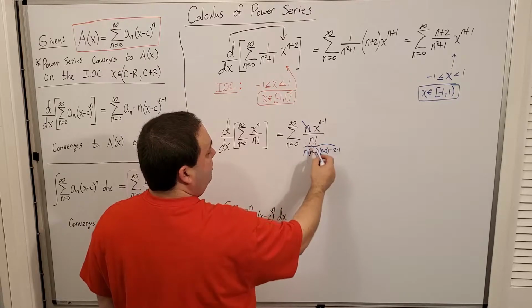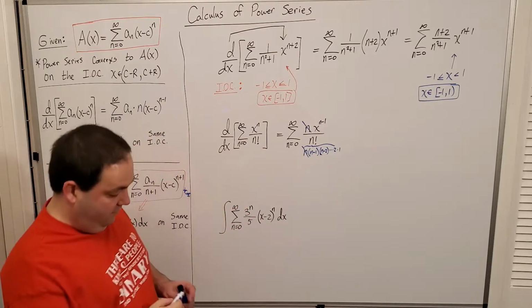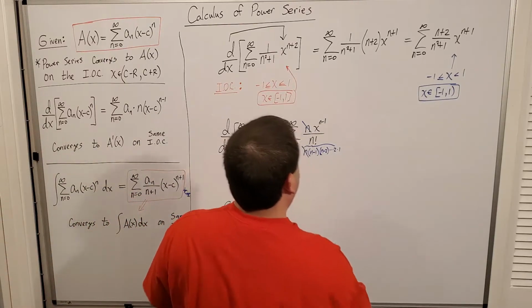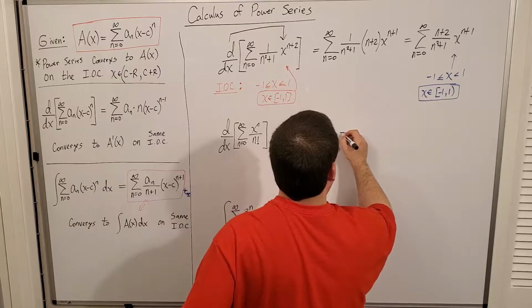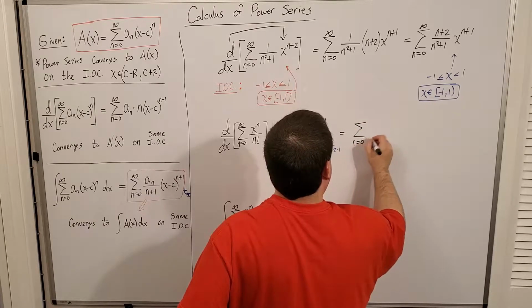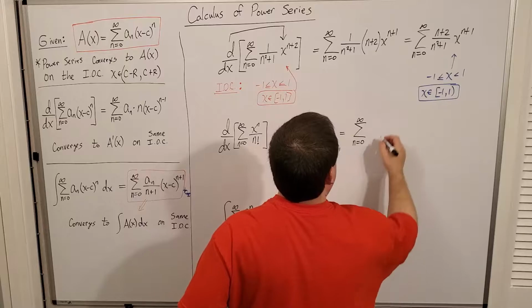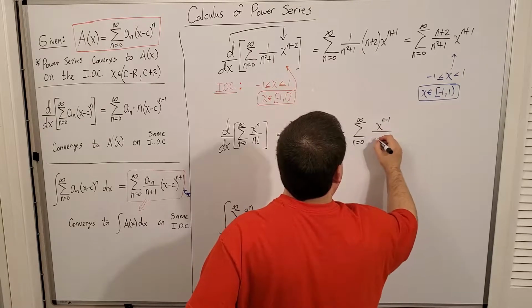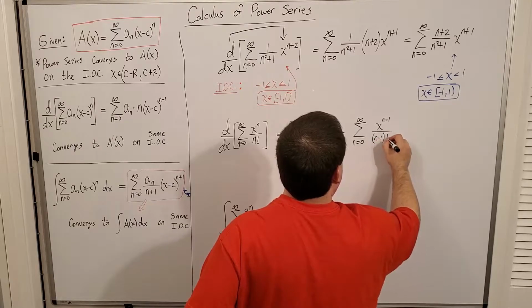So the n will actually reduce with the front guy of that, and it'll leave me with n minus 1 factorial. So I have 0 to infinity still, x to the n minus 1 over n minus 1 factorial.